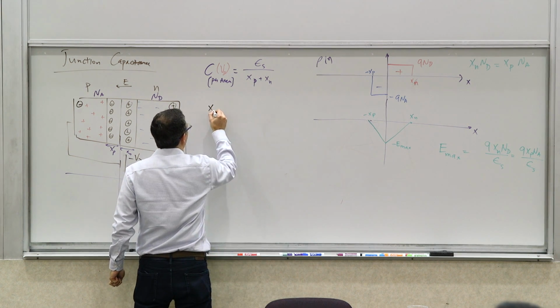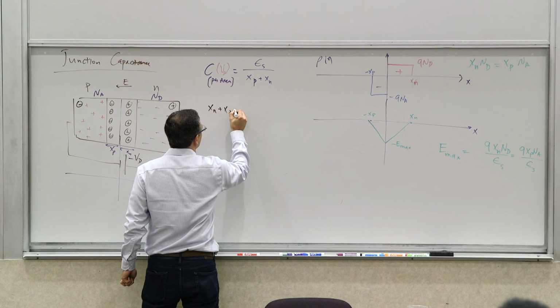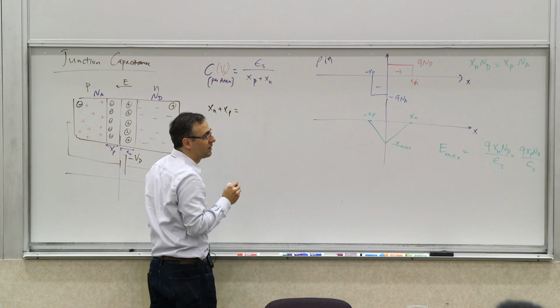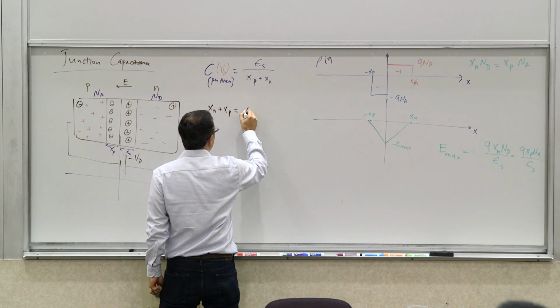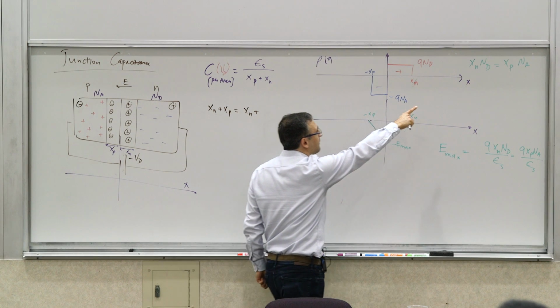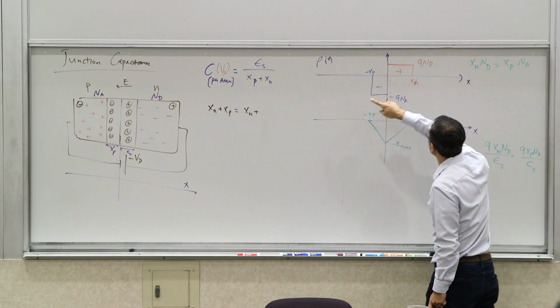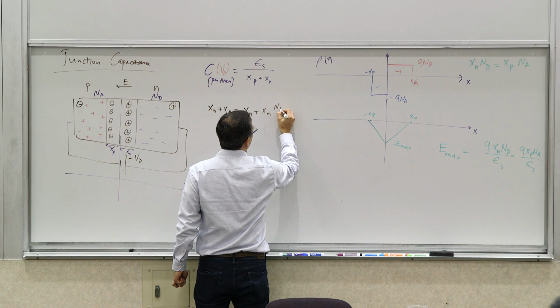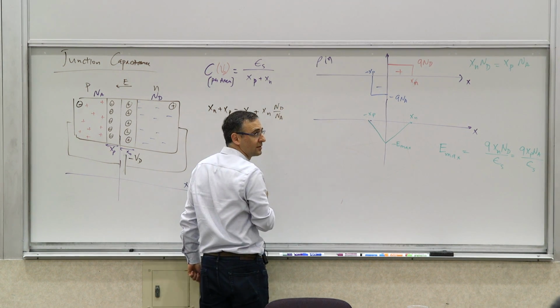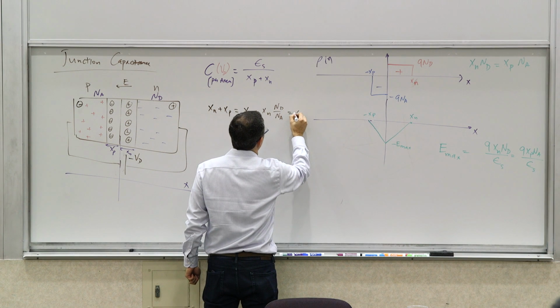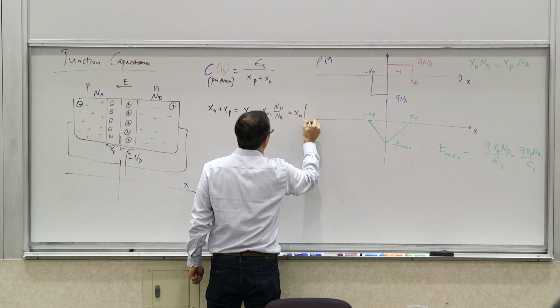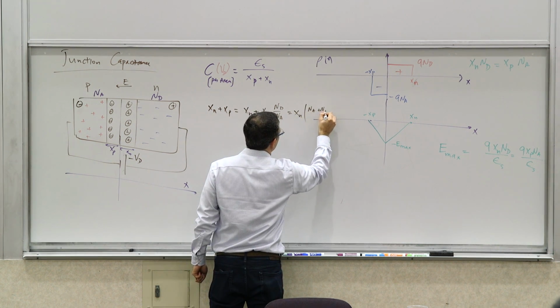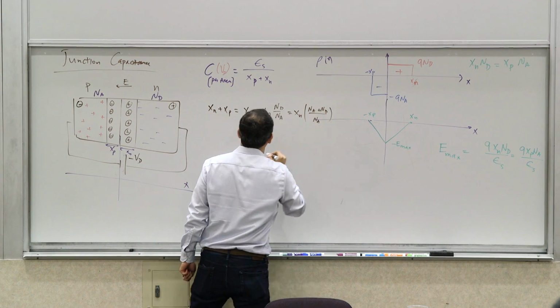So basically we are going to write xn plus xp in terms of one of them. How can I do that? Well, I can write it as xn plus, solving for xp from this and plugging it back in, xn times nd over na, right? Which I can write as xn times na plus nd divided by na.